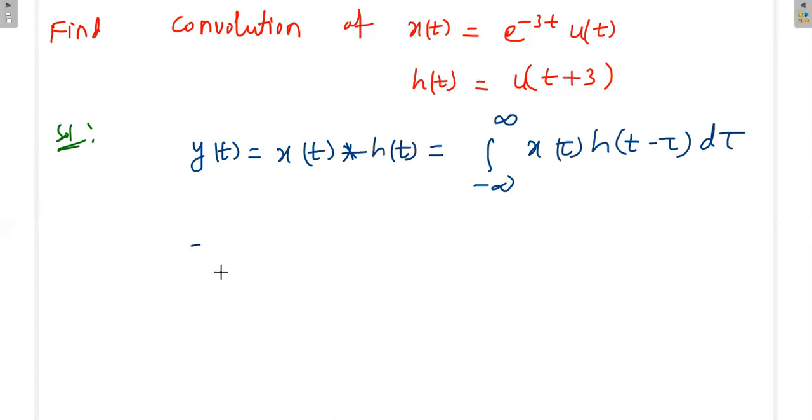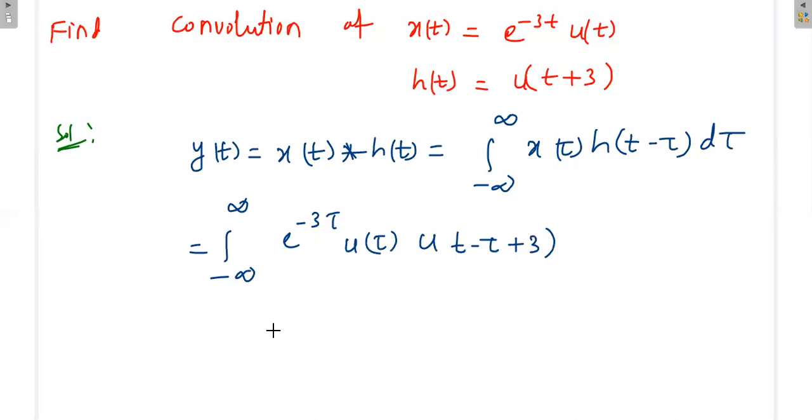Then integral minus infinity to plus infinite, e power minus 3 tau u of tau, then u of wherever t is there replace with the t minus tau plus 3 d tau. Then what is the limit? U of t goes from 0 to infinite.